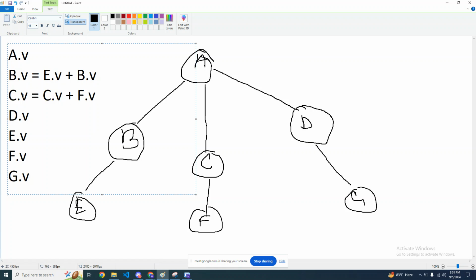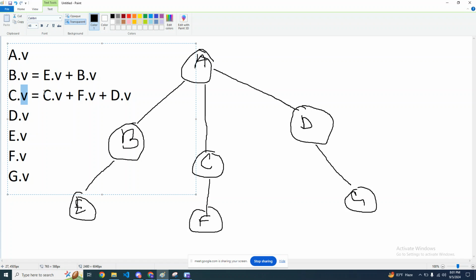Again, is this v synthesized or inherited attribute? Synthesized, right? But if you add a semantic rule that says it is taking value from d.v, now is this c.v, the attribute v, synthesized or inherited?